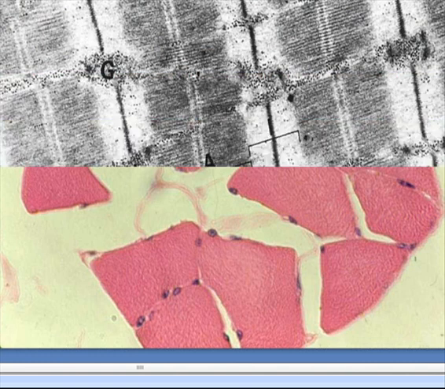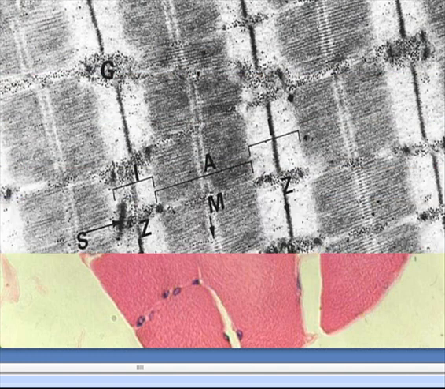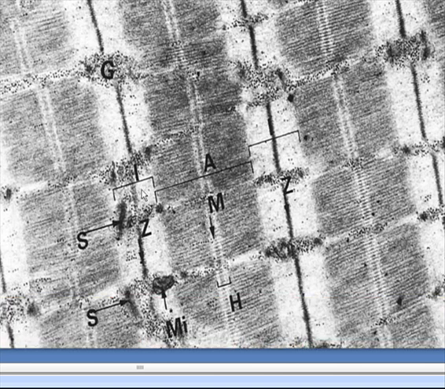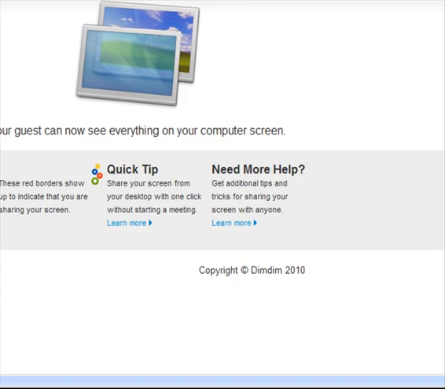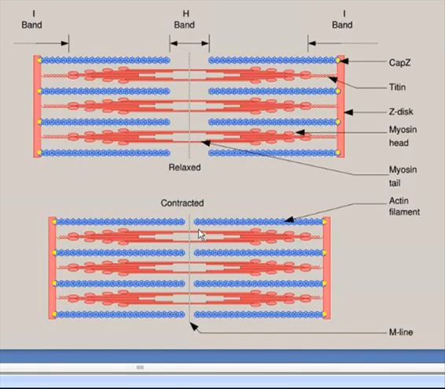If you wanted to coordinate that with what each zone represents, the Z bands are the ends of the unit from which both the actin and myosin connect. The actin are the thinner fibers, which have an interruption in the middle called the H band. The myosin is very thick in that center portion, but very thin towards the end.